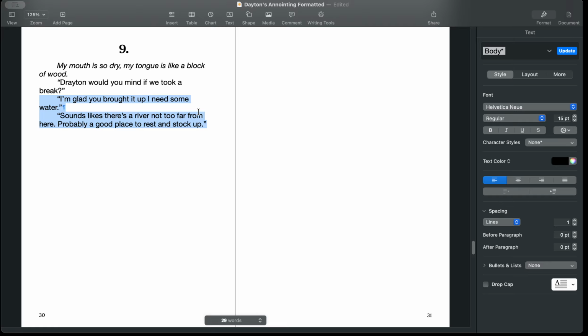And if you're going to do a reading somewhere, or if you want them to be read to, say, like children or anything, it's going to be pivotal that your work sounds good out loud, and it helps with the editing process. So, reading out loud for me has been such a great help, and I highly recommend it. So far, we have: my mouth is so dry, my tongue is like a block of wood.